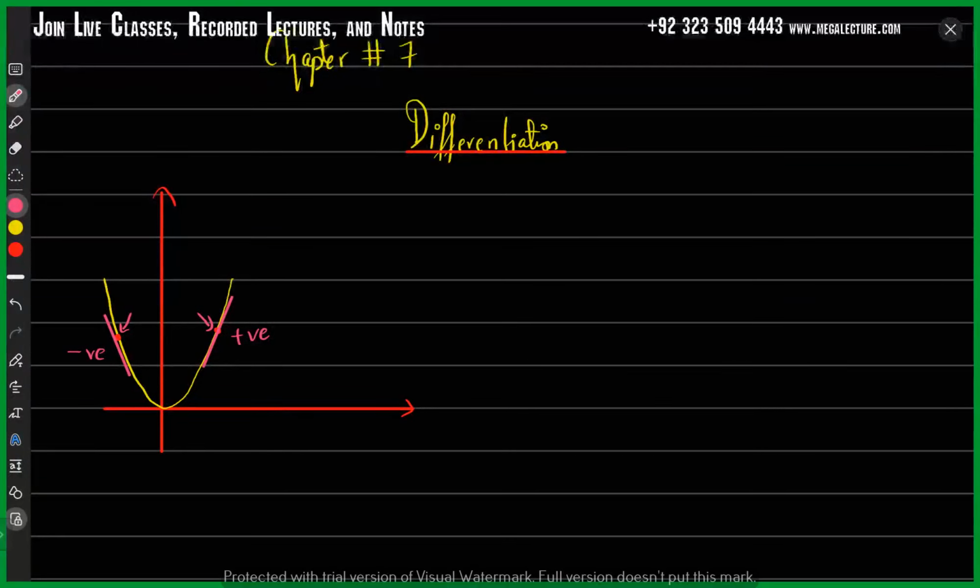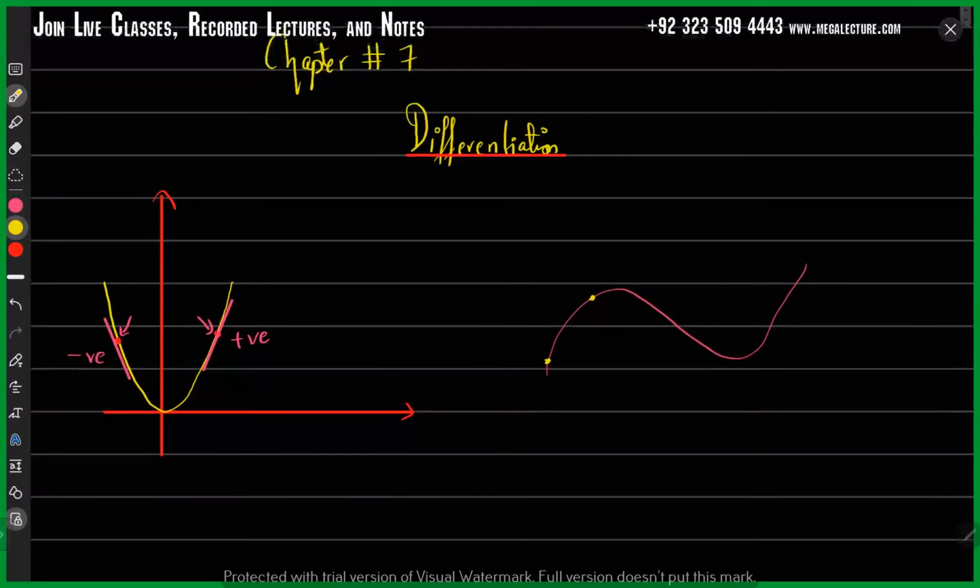But in case of a curve, in case of the graph of a quadratic function, that is a parabola, a cubic function, that is something of this type, or even anything you have that is not straight, that's curve, you know that the gradient is going to be different. Now, if I talk about this curve, the gradient at this point is different, the gradient at this point is different, it's different, it's different. The gradient is changing with every next point. Now, this means that we need to use something else in order to find the gradient on all these points. And that is what differentiation does.